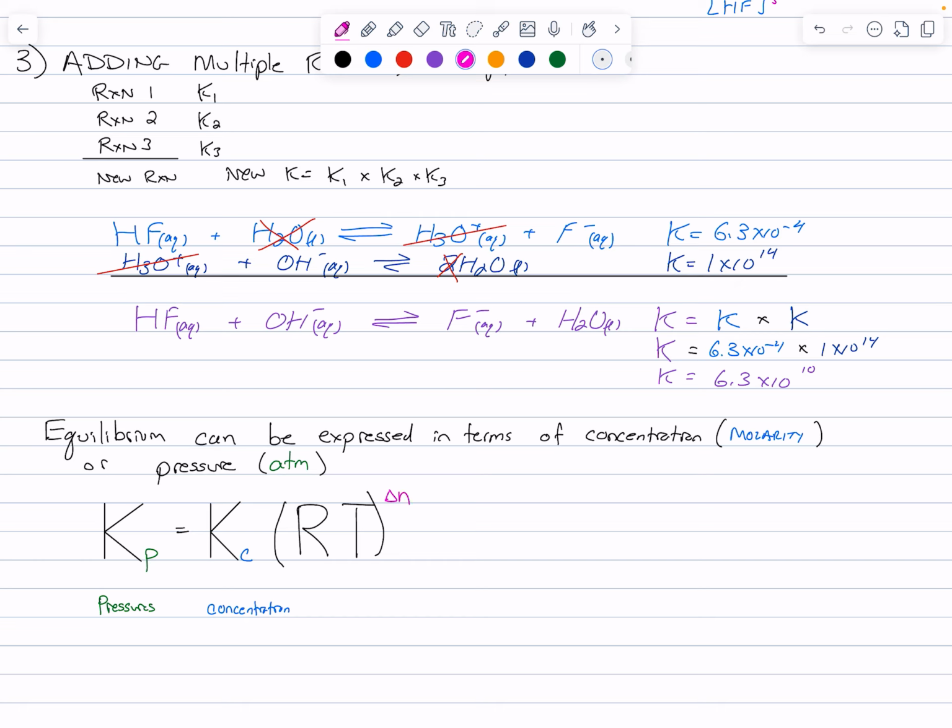All right. R is the gas constant. T is the temperature, in Kelvin. What is delta n? Delta n is the change in moles.